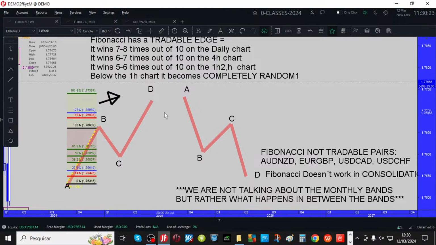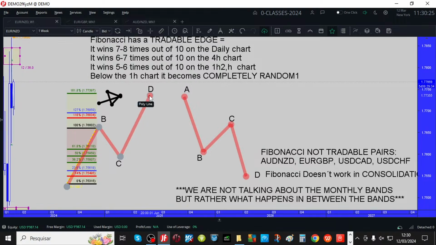Alright? And what's the D? The D is a high relevant to the C retracement.